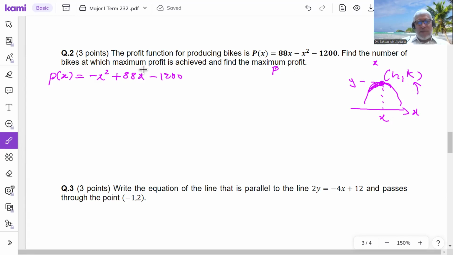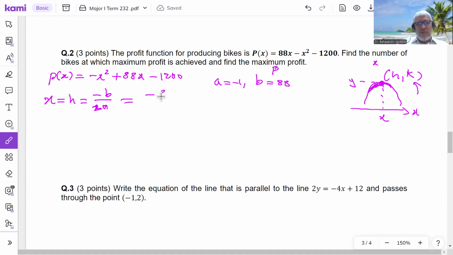So the number of bikes at which maximum profit is achieved is the value of x or h, and I have a formula that says it is equal to -b over 2a. Well, a here is -1, the coefficient of x squared. B is 88, the coefficient of x.